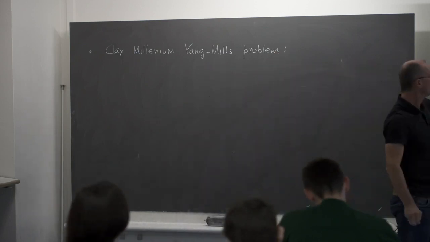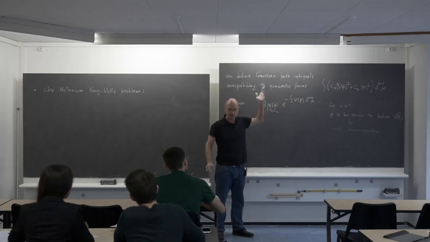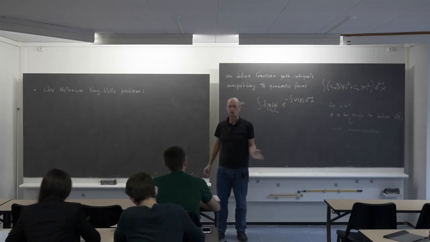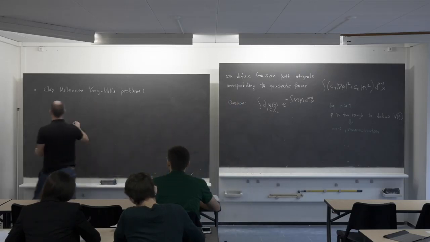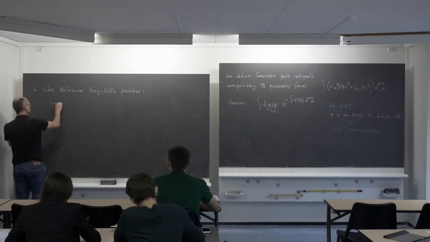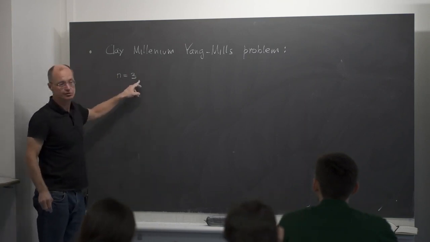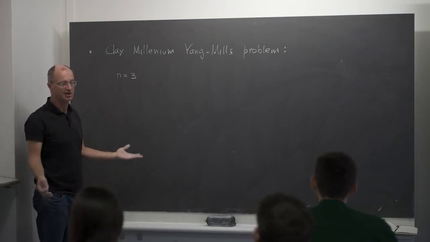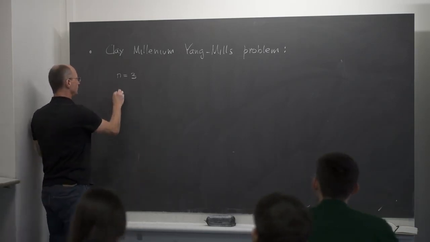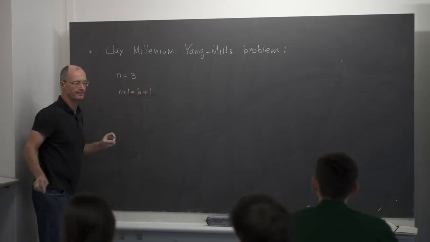Actually, one of the problems of defining path integrals in higher dimensions is considered one of the biggest open math problems. And so there the theory is as follows. So we take n equals 3, meaning the realistic three-dimensional space in which we live. So n plus 1 equals 3 plus 1.